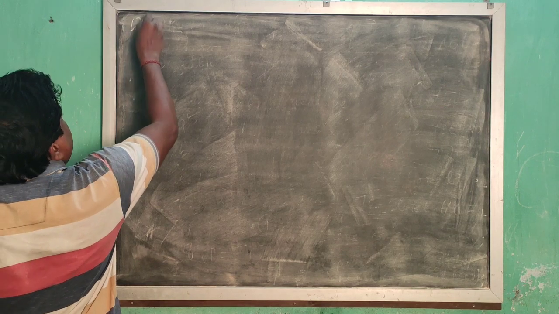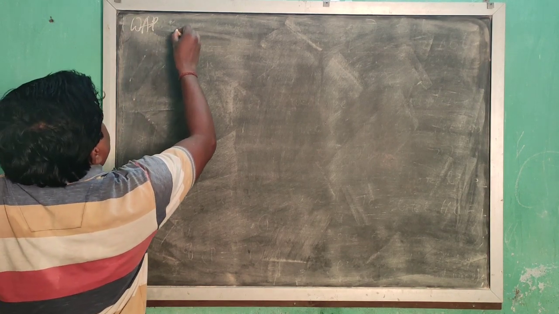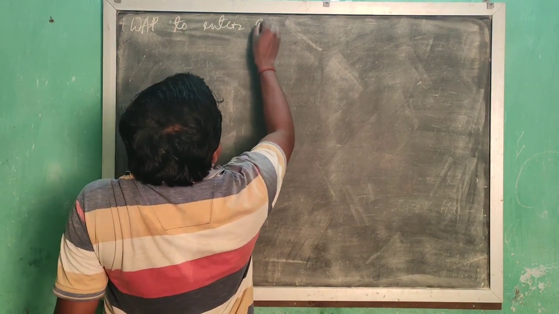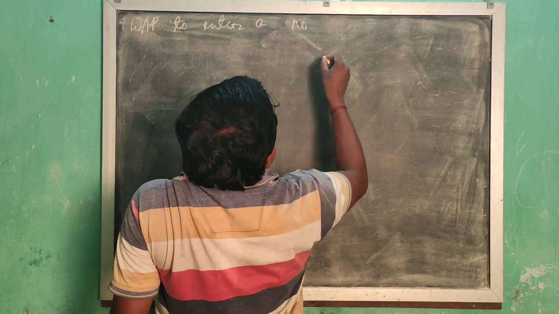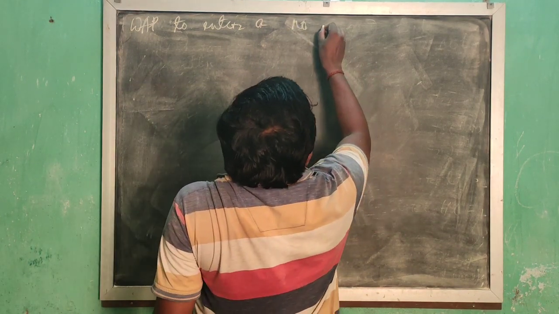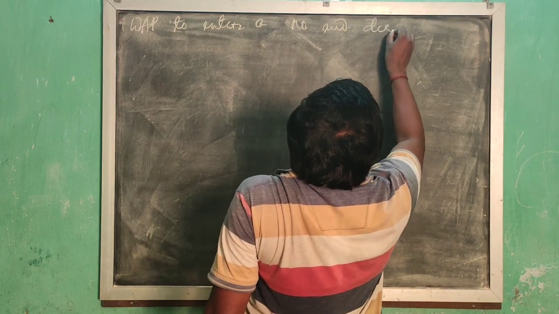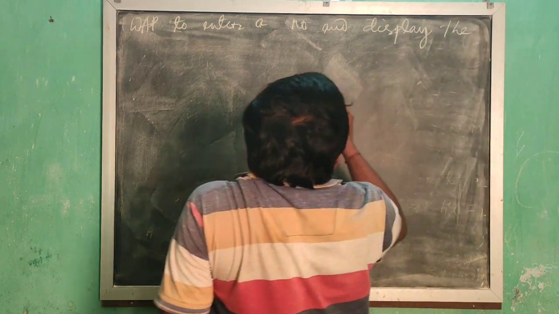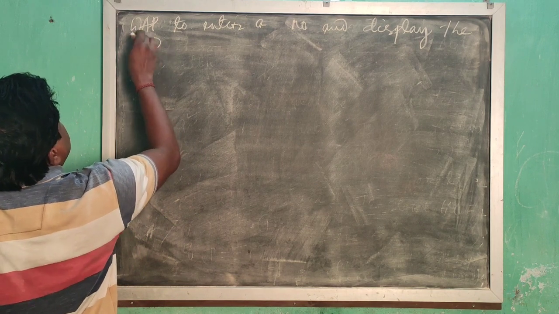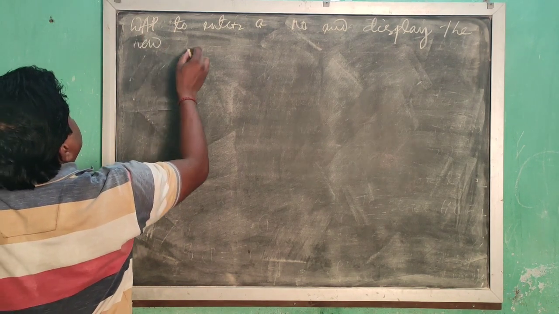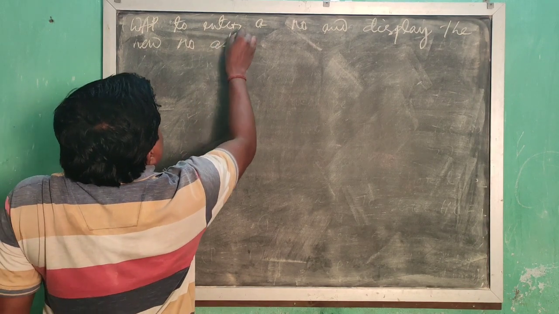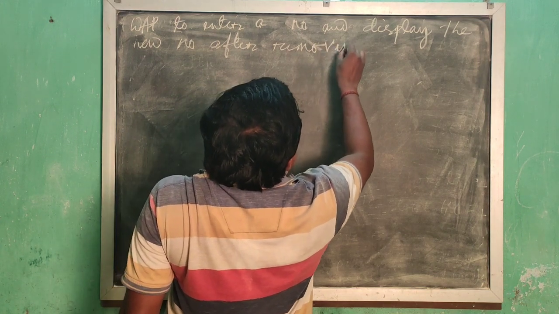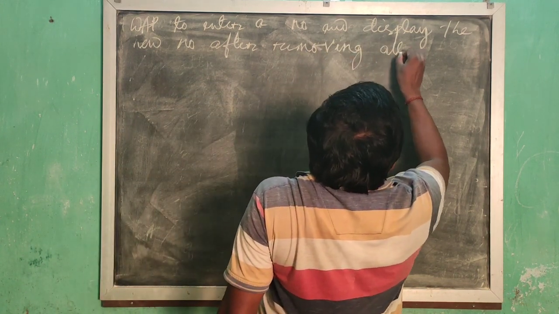Write the question. Write a program to enter a number and display the new number after removing all zeros.